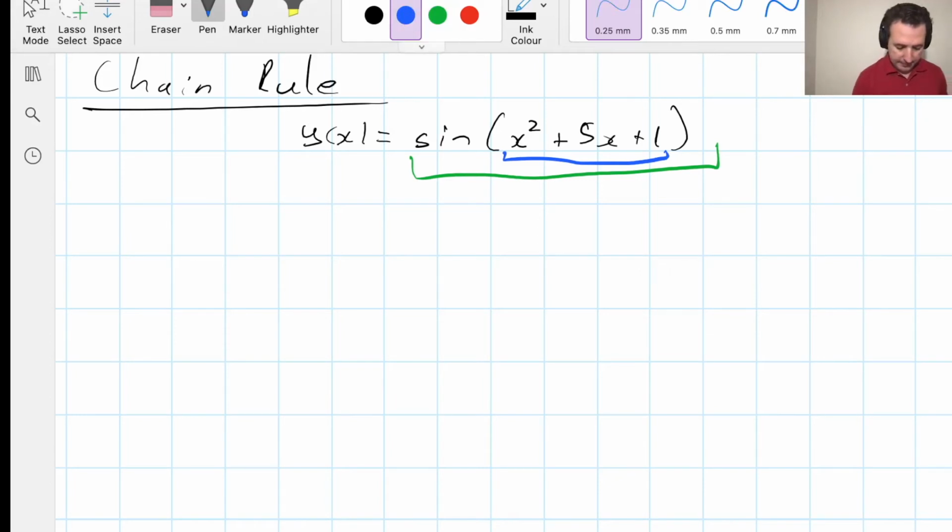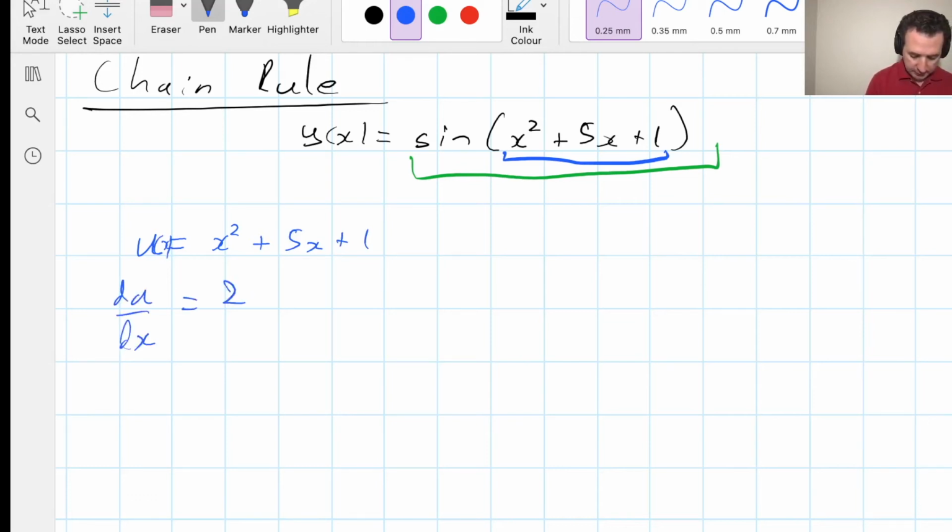Once again, u here is equal to x squared plus 5x plus 1. But actually, I should call that u of x. du/dx is just equal to 2x plus 5. Now, we make a new function, v, that's a function of u.